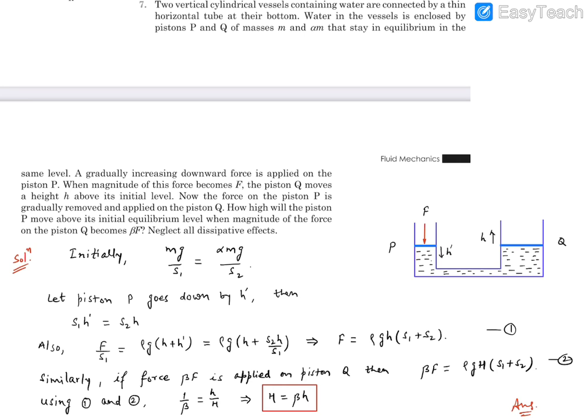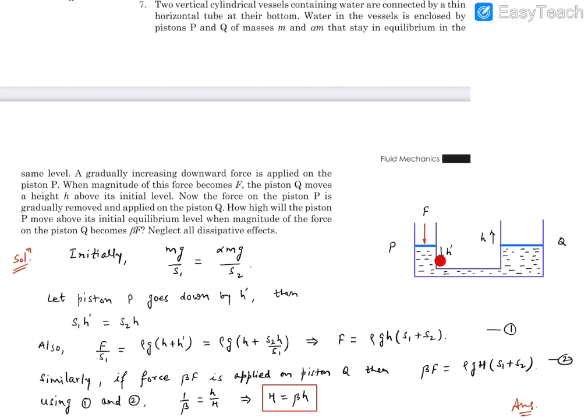Now let's say on piston P this force F is applied gradually, and when it becomes F, this came downwards by H dash, and the piston Q goes up by H, as the question says.